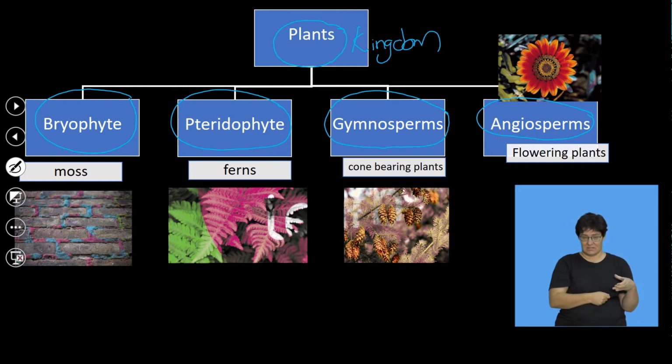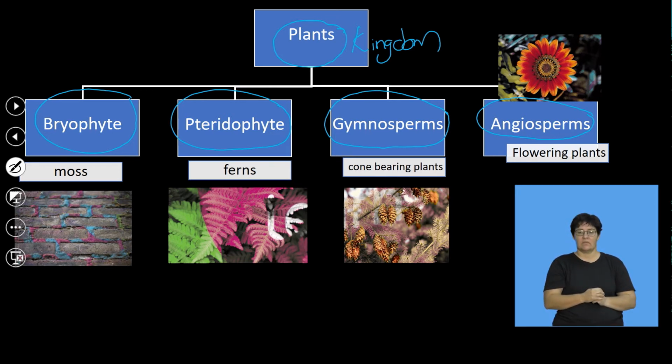I've put a picture underneath each of them of an example of a plant that we are going to look at in a little more detail to explain what we mean about that characteristic.